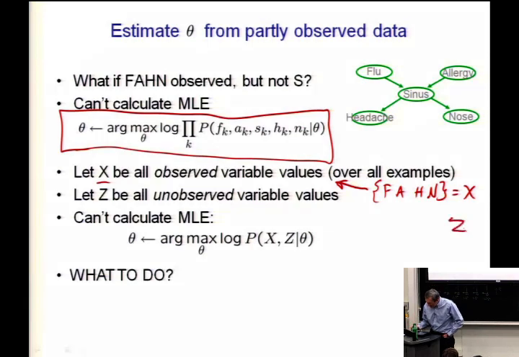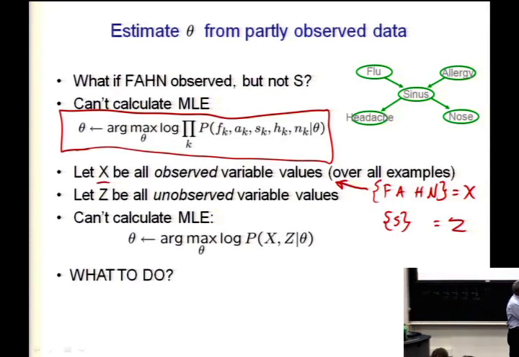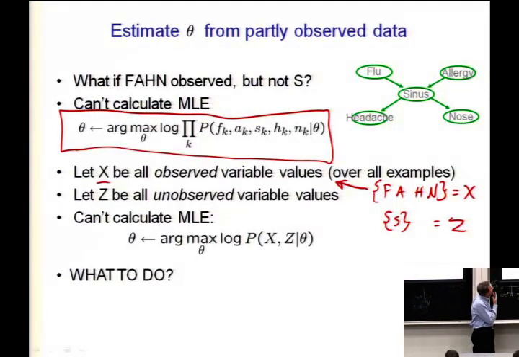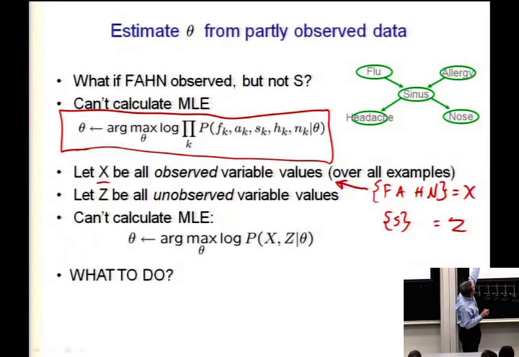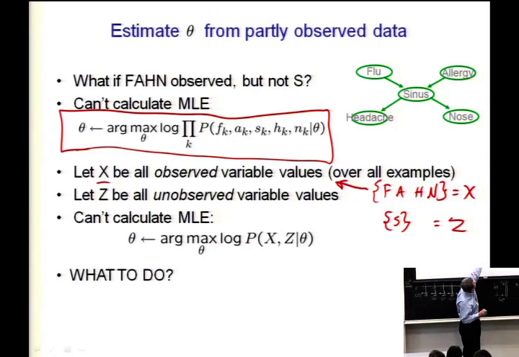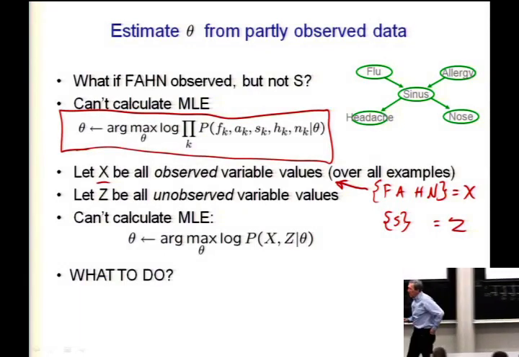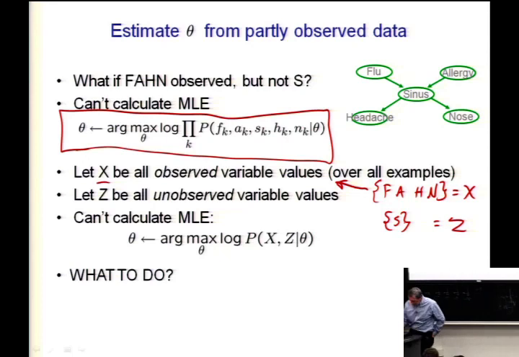And let's say Z we're going to use to refer to the variables that are not observed. Let's suppose, for the sake of argument, that's S. And so now, when I say I want to maximize the likelihood of the data, that's the same as saying I want to maximize the probability of all my variables given theta. And now I'm just pulling that out into the observed and the unobserved ones.